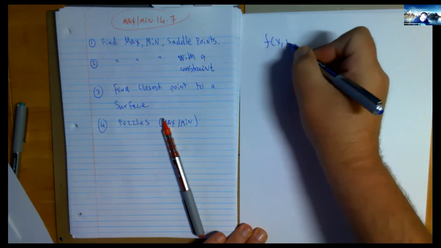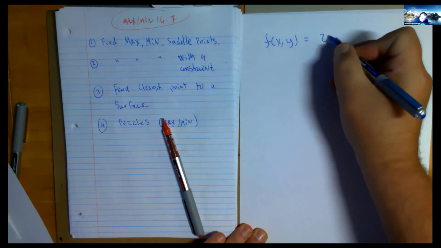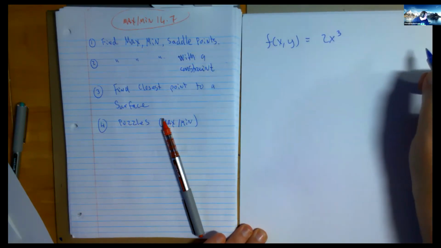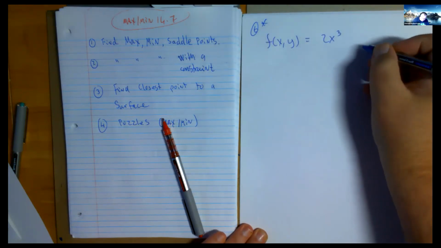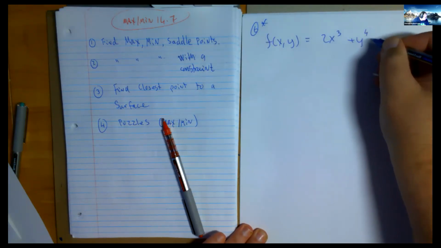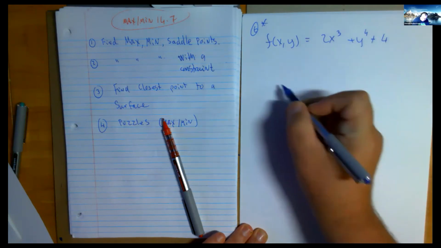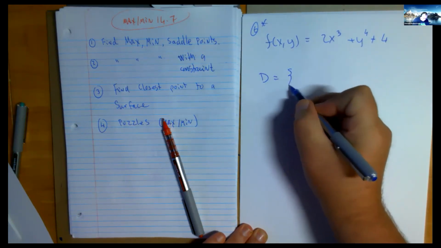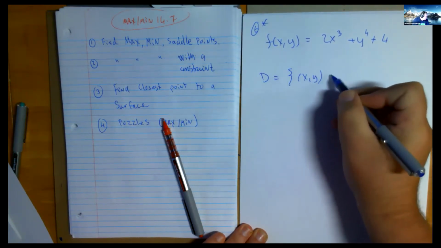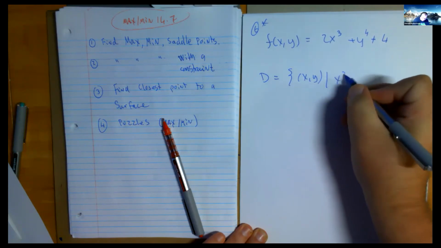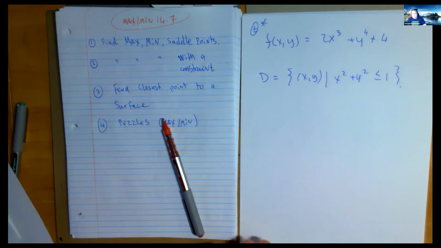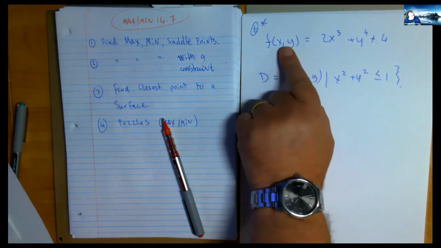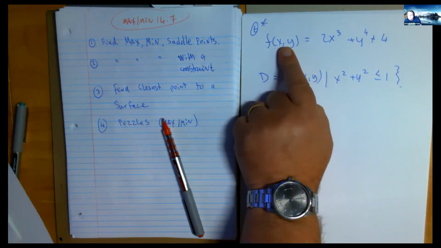Okay, so it's easy to tell when there's a constraint. This is my version of question 6 right now: 2x cubed plus y to the 4 plus 4, and the constraint will have this bit added. So we are trying to find only maximums and minimums.